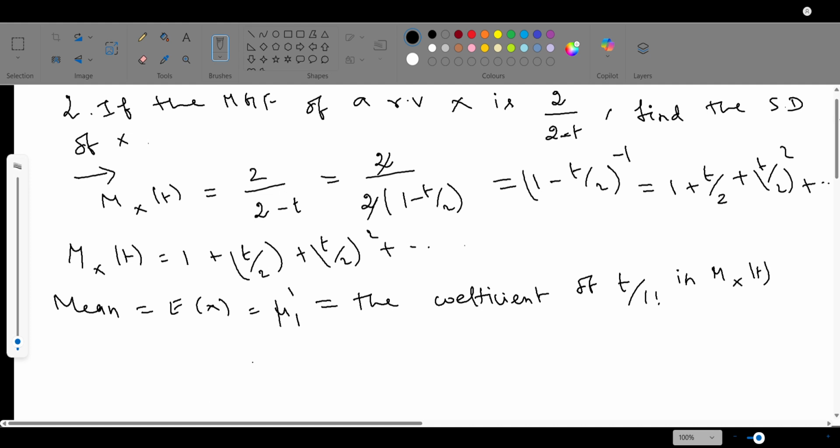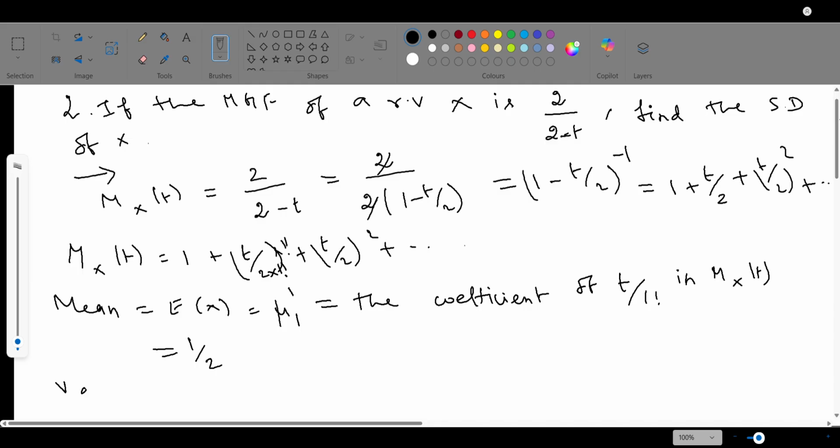So we can get the mean as t by 1 factorial. Here we can multiply and divide by 1 factorial. Why? Because no change will come. Simply we can say this is t by 1 factorial, which means 1 by 2 comes. So here the mean is 1 by 2.